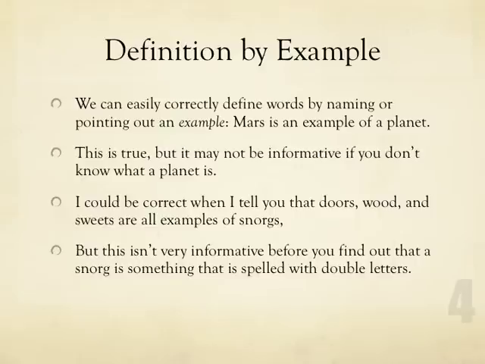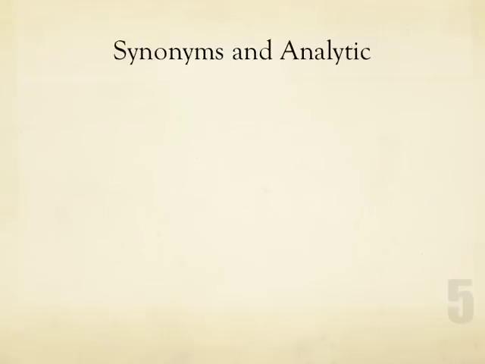A snorg is anything whose word in English used to refer to the thing is spelled with double letters. So that definition that gives you more information is called an analytical definition, or an analytic, I'll sometimes say. So let's talk about that. So we've got definition by example, an analytical definition, or analytic, and definition by synonym.